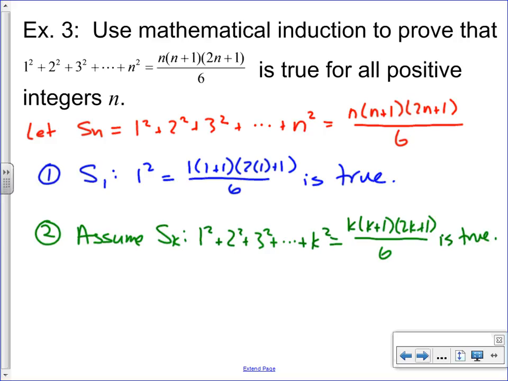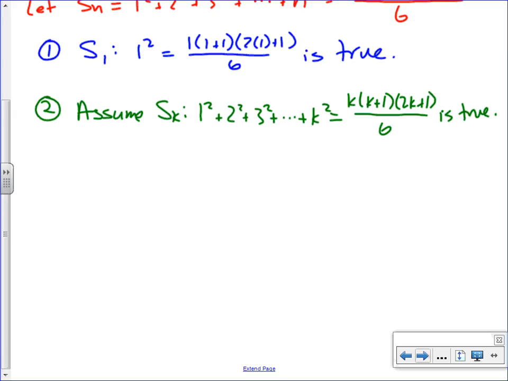Okay. So by adding k plus 1 to both sides, that's the third step.